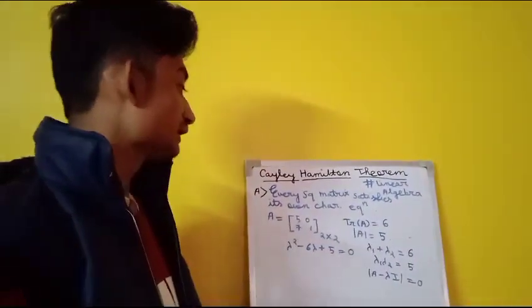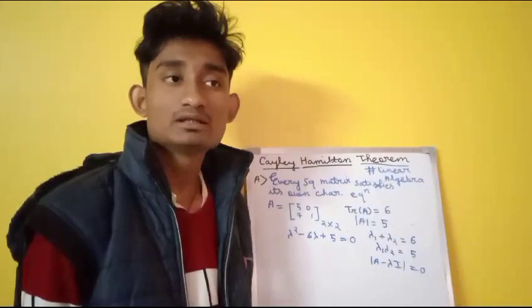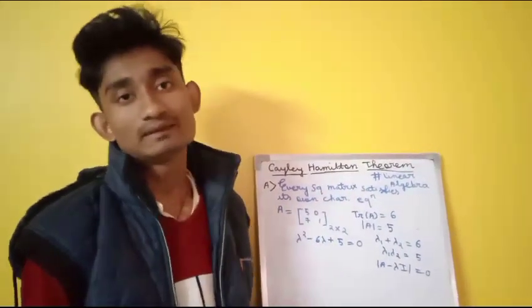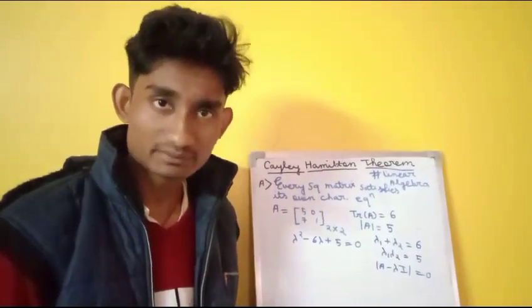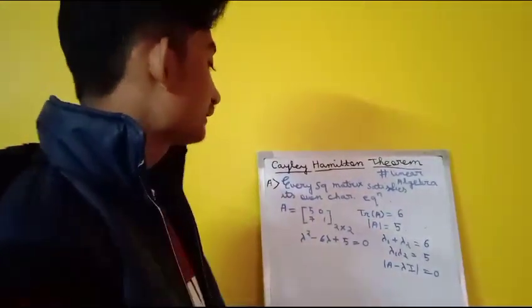So it is the short technique: lambda square minus the sum of eigenvalues, that is the trace of the matrix, into lambda plus the product of eigenvalues, that is the determinant of the square matrix, equals 0. So it is the characteristic equation.